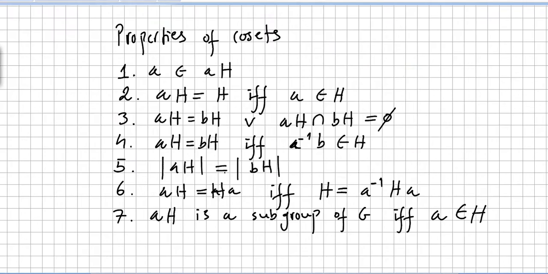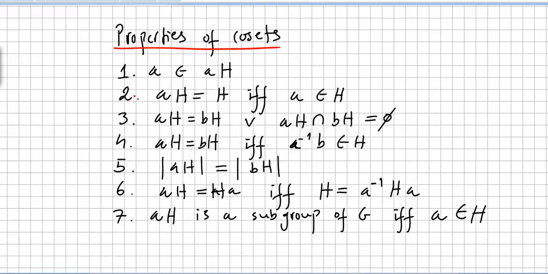I want to remind you also some properties of cosets. This is in the previous video, but I don't know the number of the video now, not offhand. So the properties of cosets are: 1. A is always in the left coset. Of course, A is always in the right coset too. 2.